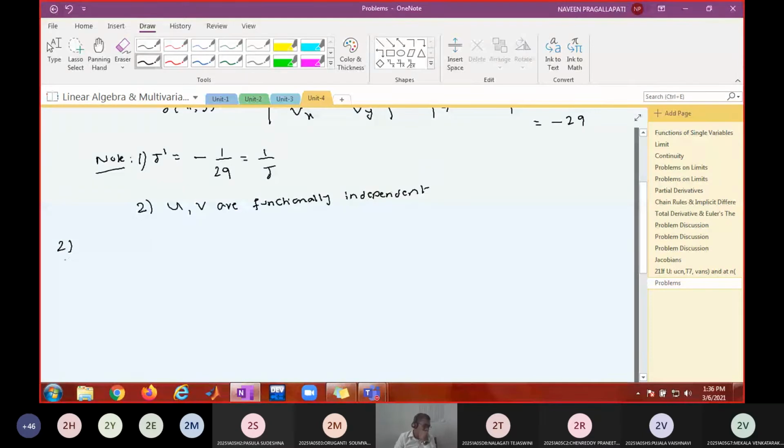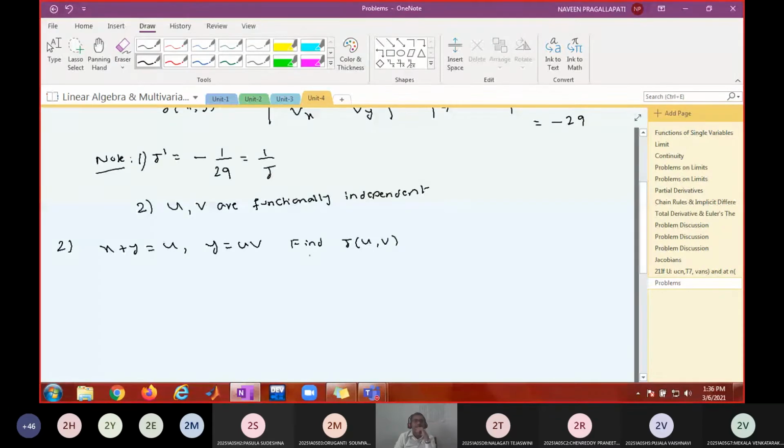Second problem. Given that x plus y equal to u and y equal to uv. Find J of u comma v.